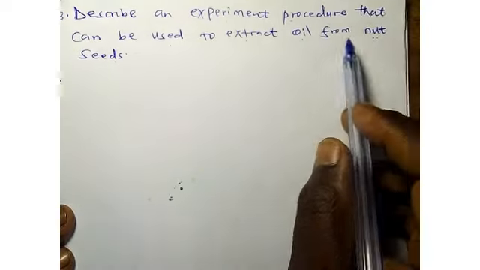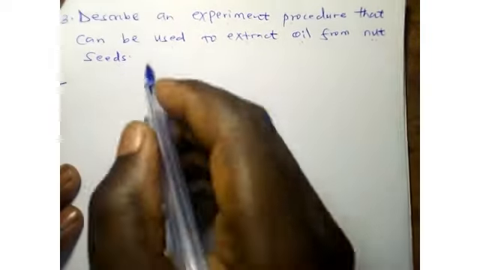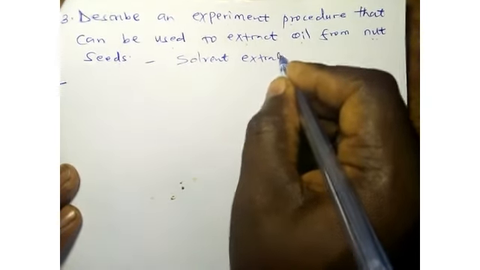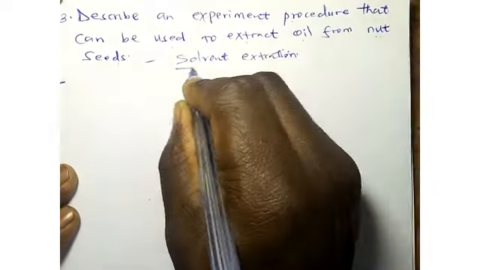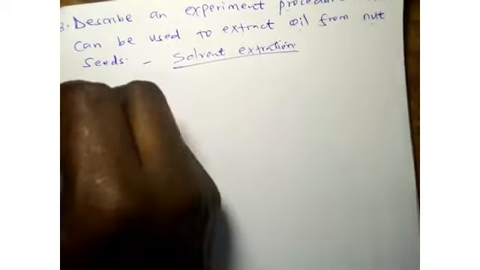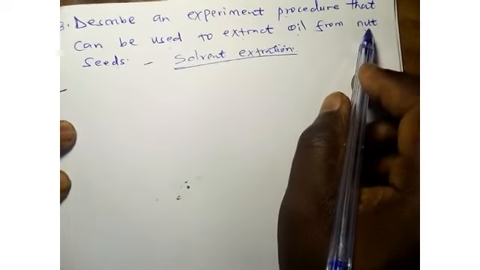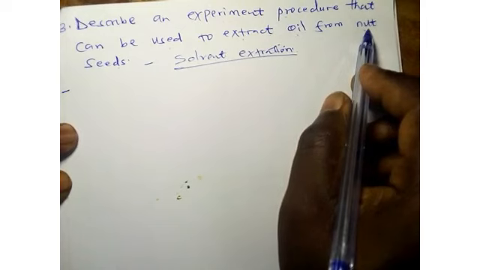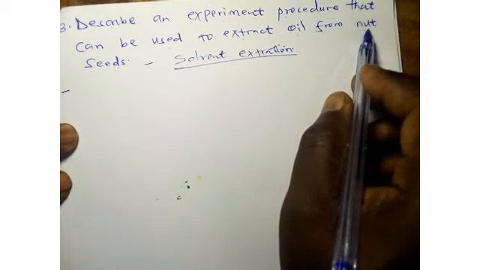Now this one is the nuts. Remember, this is solvent extraction. The first thing you need to know is that these seeds have to be crushed, and in the laboratory what we use to crush is the pestle and mortar.